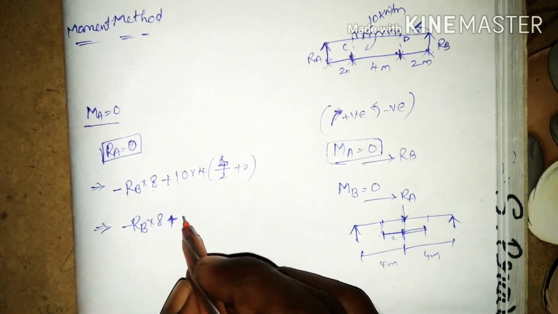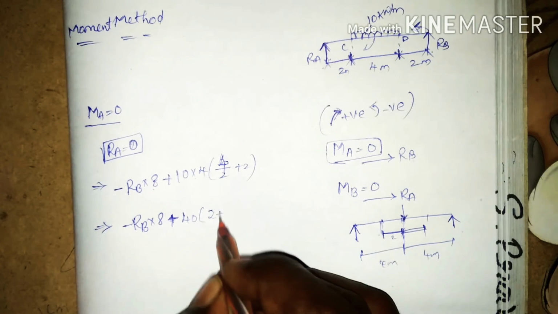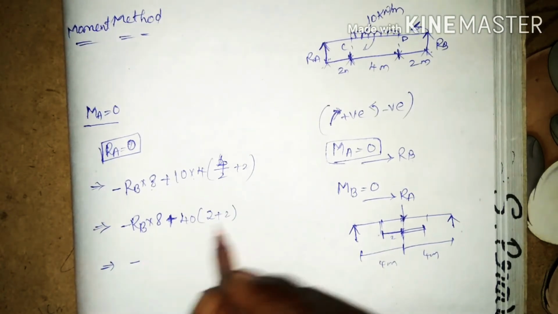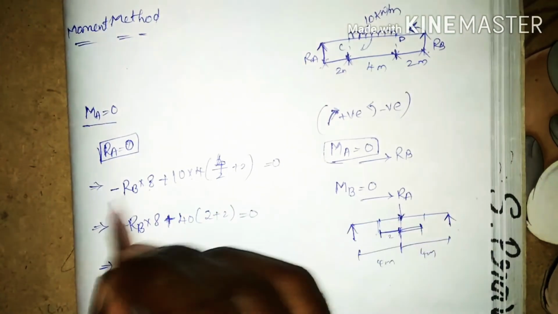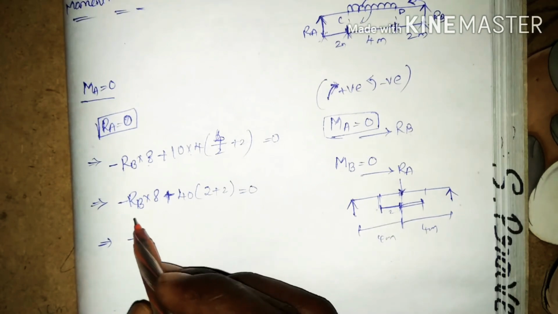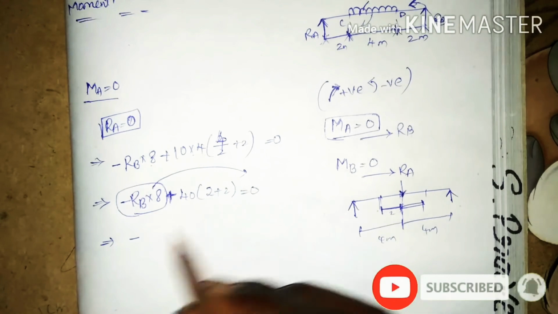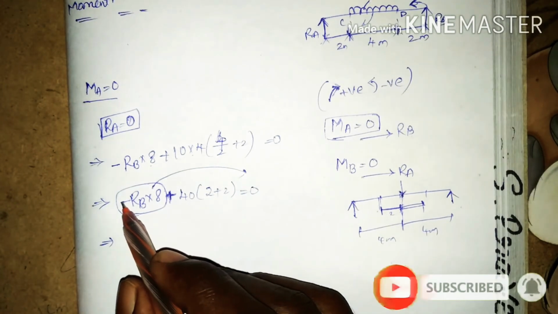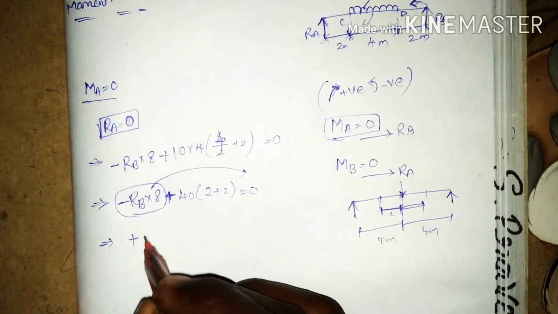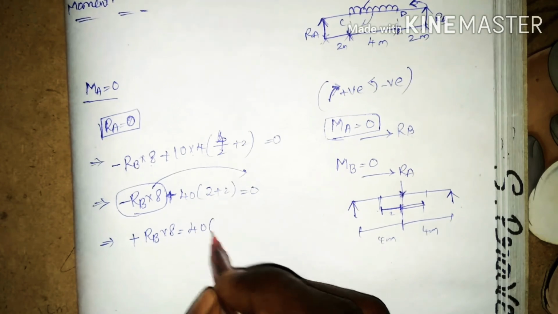Let us complete this: 40 into 2 plus 2 is equal to 0. We are taking the moments about A equal to 0, so we equate to 0. Sending RB into 8 to the other side, the negative sign becomes positive: RB into 8 is equal to 40 into 4.